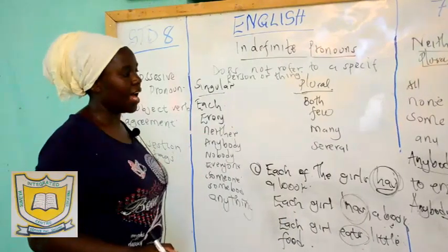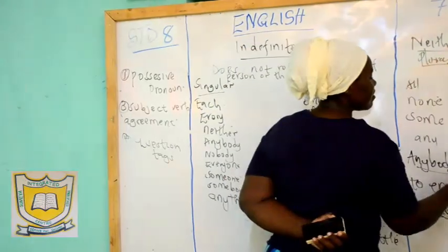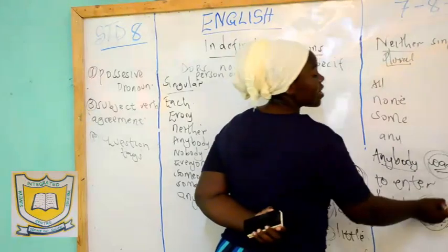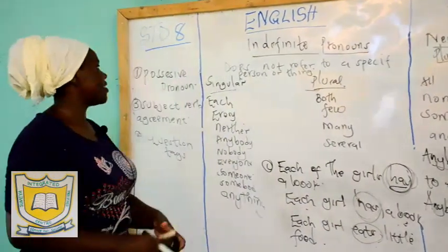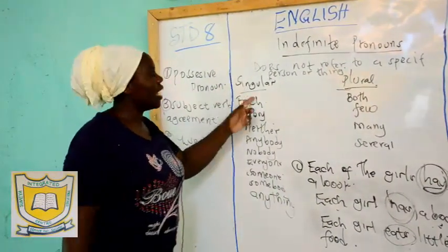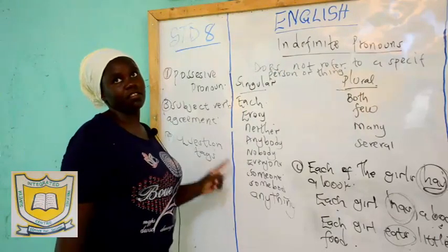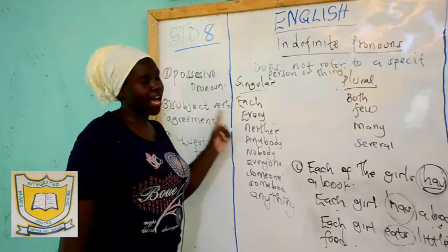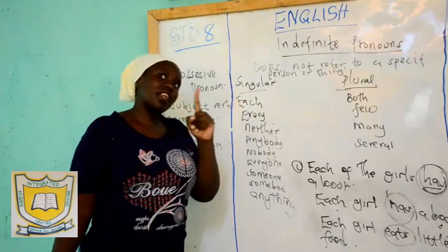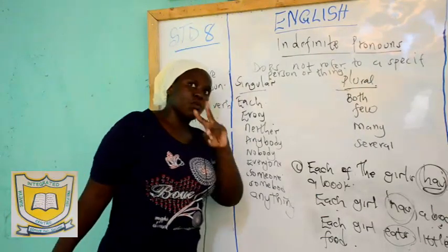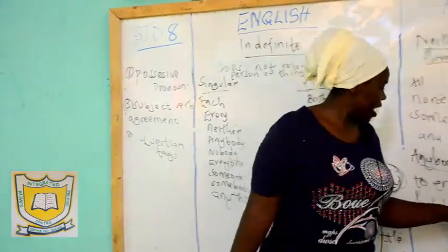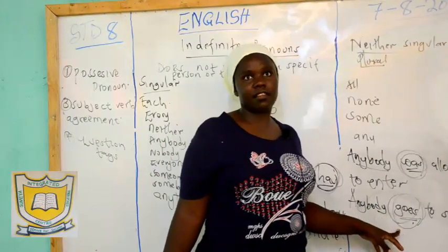Anybody was allowed to enter. So I'm having a singular helping verb, and I'm having a plural verb. When it comes to what? Singular indefinite pronouns. Singular indefinite pronouns are going to take a singular helping verb but a plural verb. If I say it is a plural verb, it has an S on it.